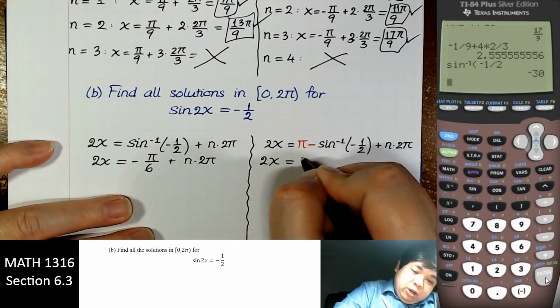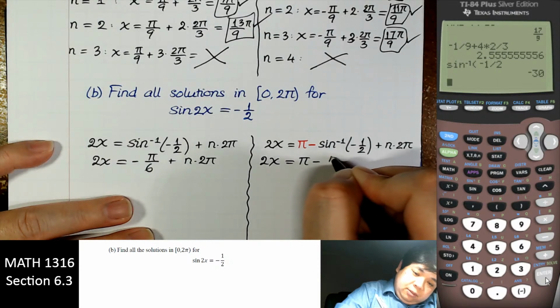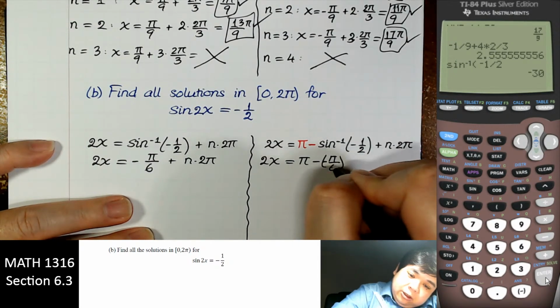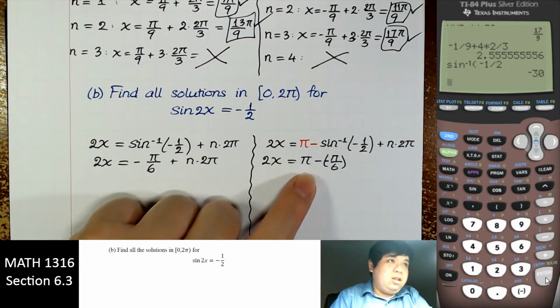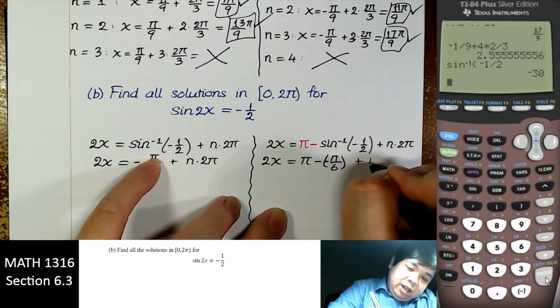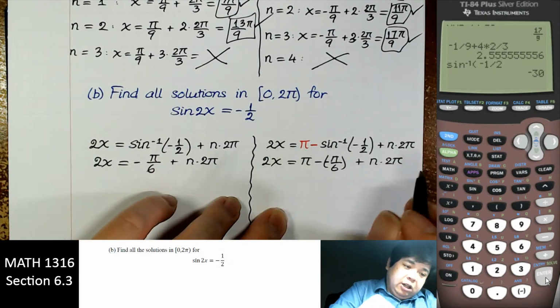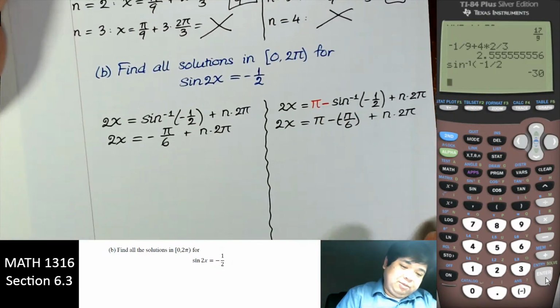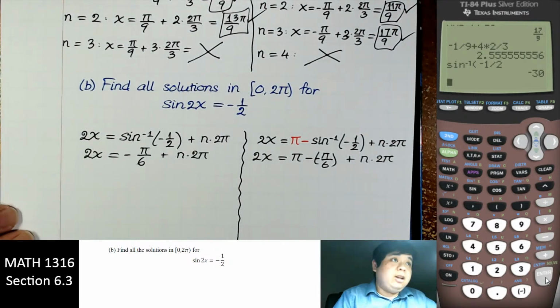And the supplement to that: pi minus -pi/6, and then plus n times 2 pi. So cosine is opposite, sine is supplement. Right.